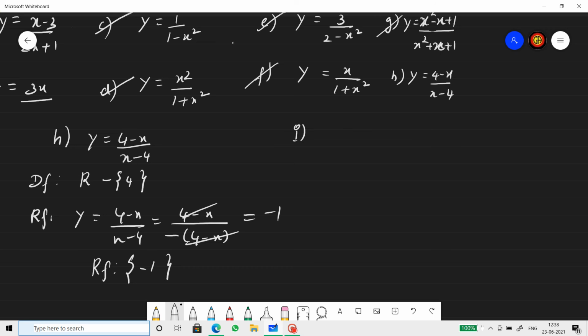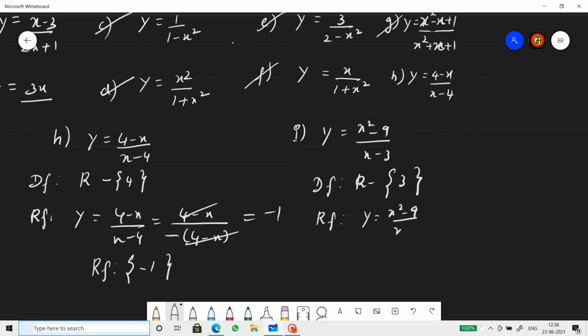Question I, which is y equals x square minus 9 by x minus 3. Alright, this one. Now what is the domain of this? All real numbers except 3. Right? Now what is the range of this?